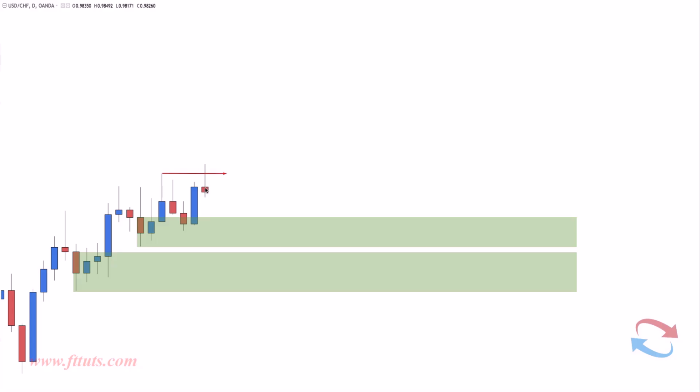Again, you could draw a demand zone around here as well, as this would be the area where the last bearish candle was before prices did make a new high. But personally, I prefer not to draw it, as the demand zones can get a bit overwhelming on a price chart if you were drawing these types of demand zones.